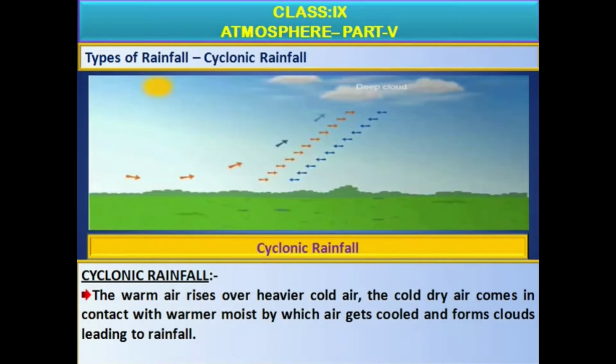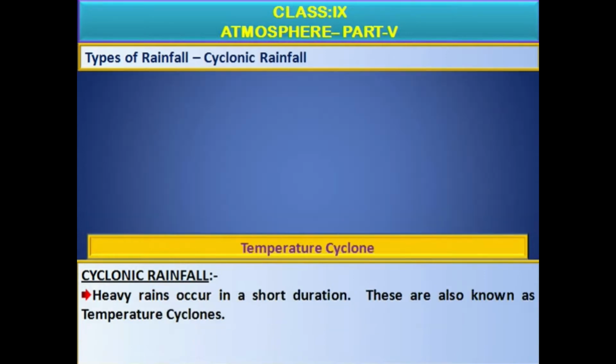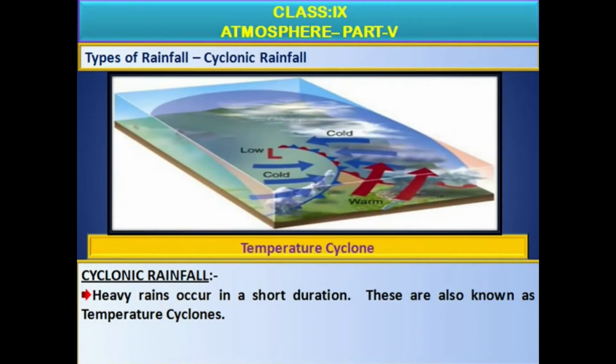The warm air rises over heavier cold air. The cold, dry air comes in contact with the warmer, moist air, by which air gets cooled and forms clouds, leading to rainfall. Heavy rains occur in a short duration. These are also known as temperate cyclones.